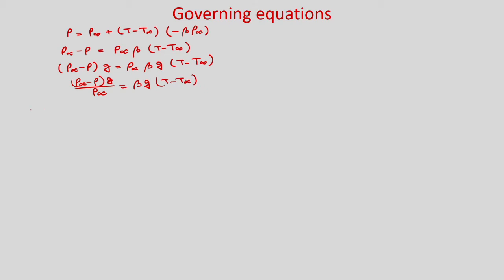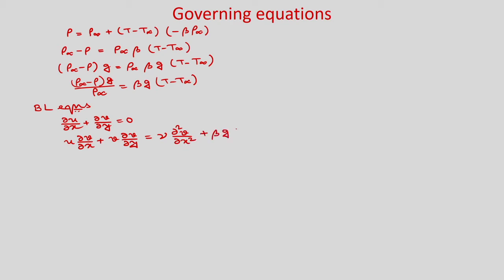So, now your boundary layer equations will become: continuity, del u by del x plus del v by del y is equal to 0. Your momentum equation will become u del v by del x plus v del v by del y is equal to nu del 2 v by del x square plus the buoyancy term beta into g t minus t infinity.